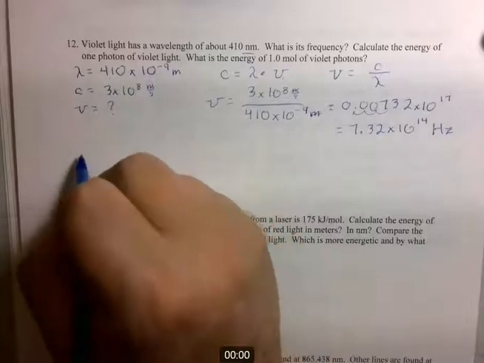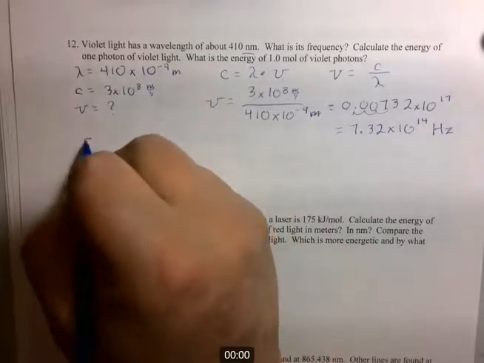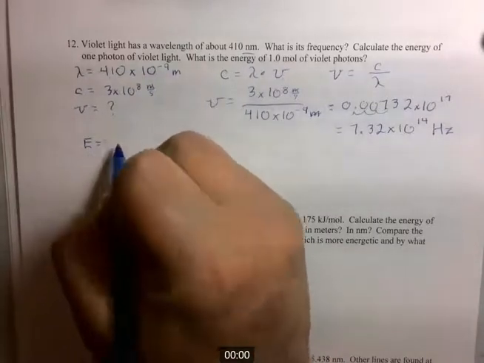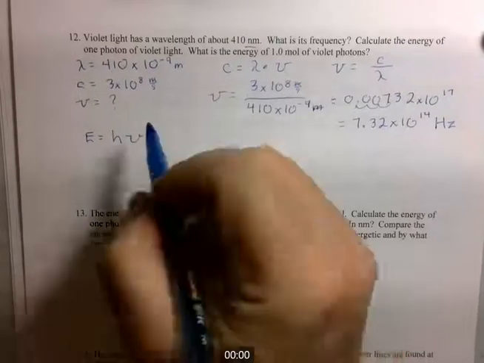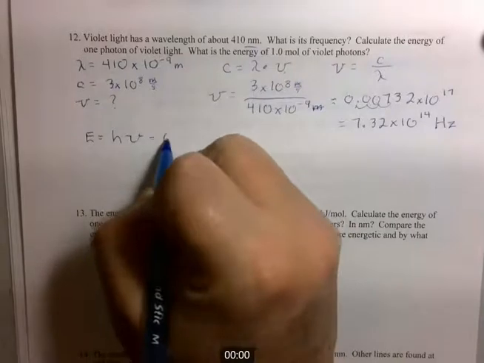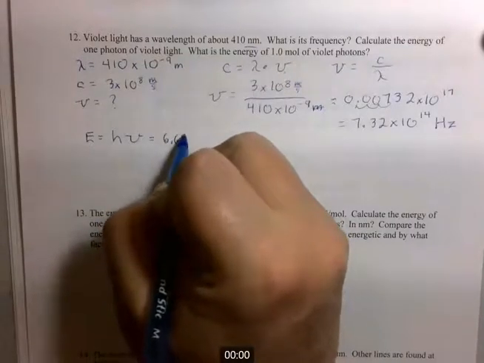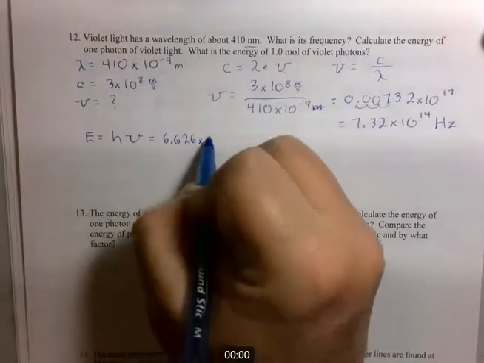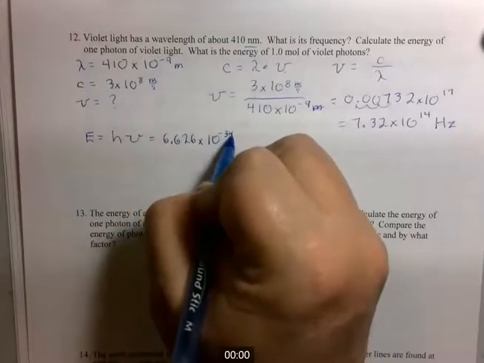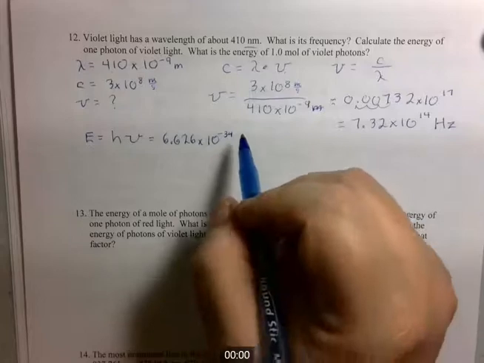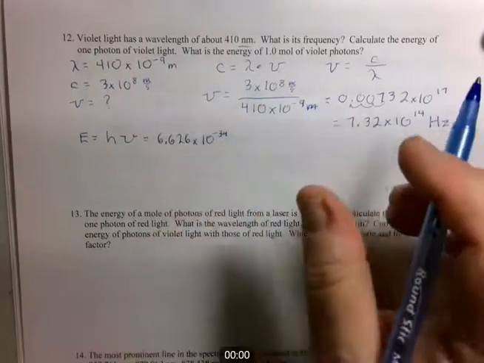So for the second part, E equals Planck's constant times nu. That's going to equal 6.626 times 10 to the negative 34. As I said, I think it's the smallest exponent in all of science.